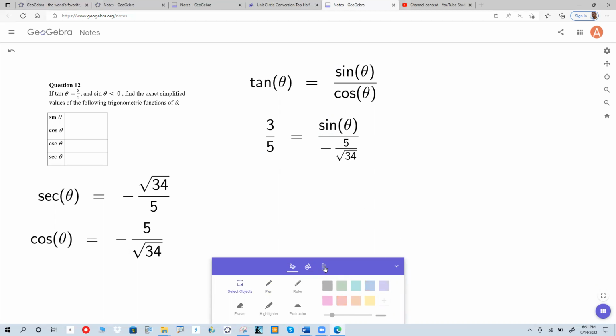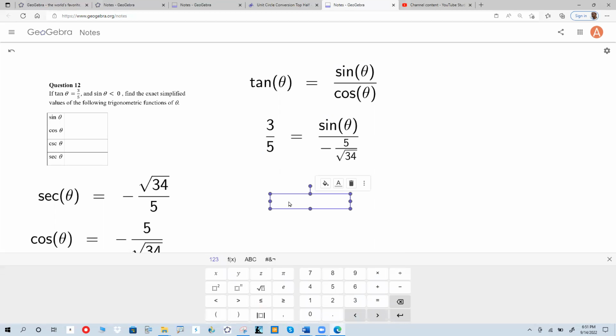So I'm going to write sine theta is equal to this 3/5 times negative 5 over square root of 34.